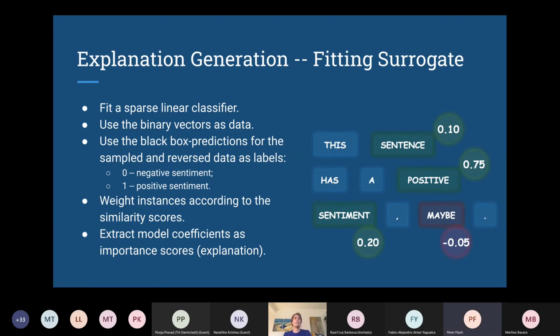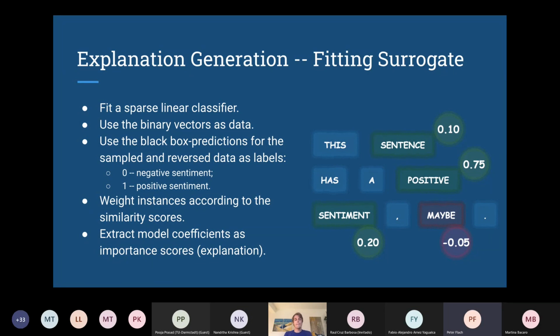So this is the influence of this word in this particular sentence, because the explanations are local. So the explanations are with respect to this individual sentence, and you can't really generalize this explanation beyond the sentence because they are local.